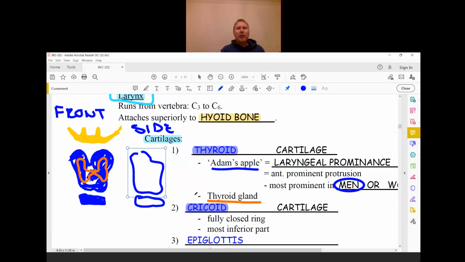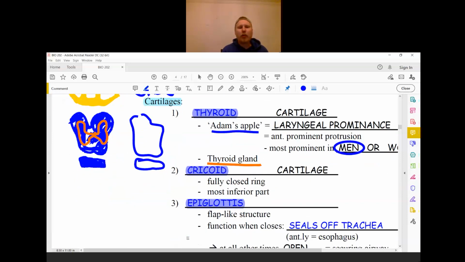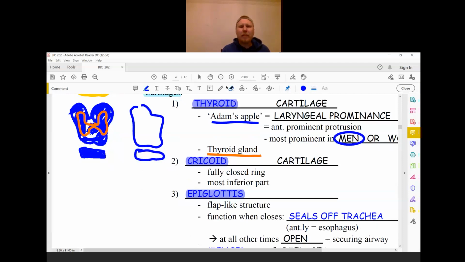So let's move on to discuss a structure known as epiglottis. This is a cartilage flap-like structure that really serves the purpose of sealing off the trachea whenever one would swallow. So it prevents us from having food or water or liquids entering into the windpipe.